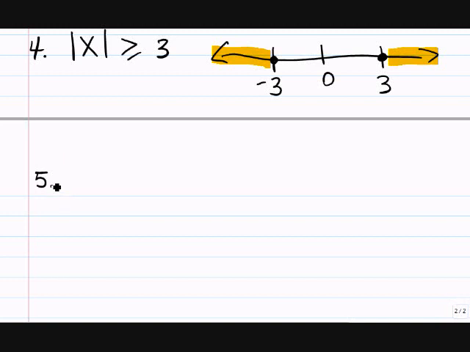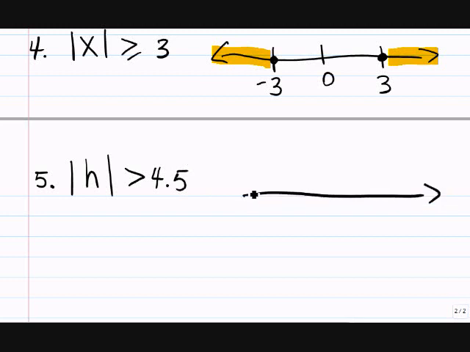Okay. Problem number 5 says the absolute value of h, but we'll just do that on a number line, is greater than 4.5. What numbers do I need to make sure I have on my number line? -4.5, 0, and +4.5.